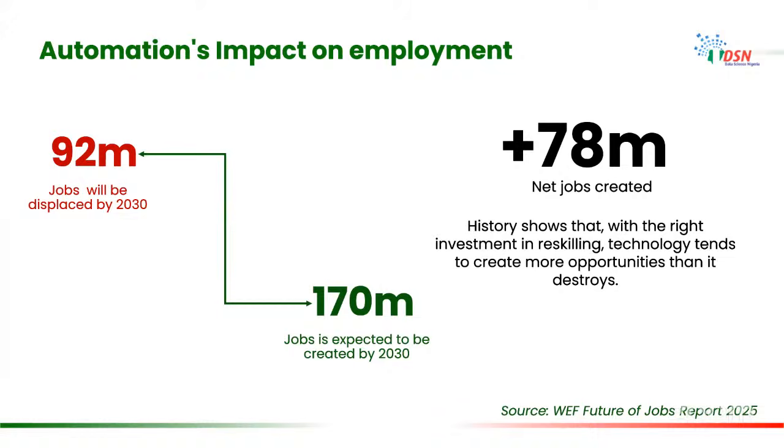And that's where you see that 170 million jobs that are expected to be created. So it is just to provide that balance: automation will definitely lead to a reduction in the need for some skills. But what will happen in the nearest future is that new skills will be required, and each and every one of us will be expected to reskill. That's why you can see there about 78 million net jobs.